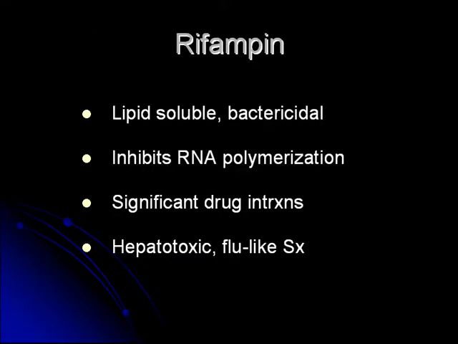Rifampin is another interesting drug, hepatotoxic, gives you flu-like symptoms, and this is one that you have to keep an eye on other drugs because there's interactions with over 100 other drugs, specifically steroids and anti-rejection drugs. And it's a P450 inducer, so it can drop the levels of these drugs and cause rejection in transplant patients.